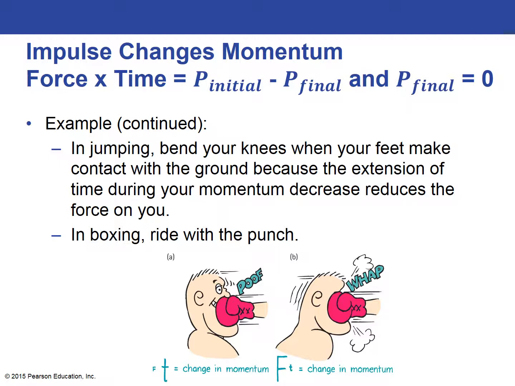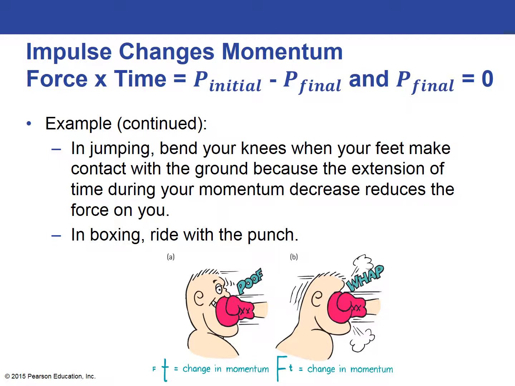So in this case, we also have the momentum of the head going from some initial velocity to some final velocity. And if I ride the punch, so to speak, which is the first picture on the left, then the time duration over which the force of the boxing glove is applied to the face is stretched to a much longer time than if the head is upright or leaning into the punch.